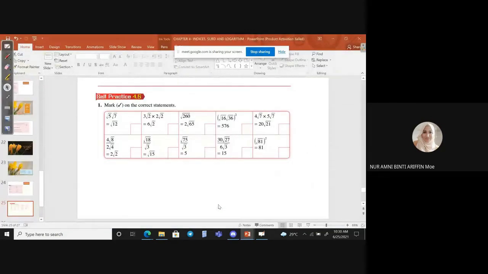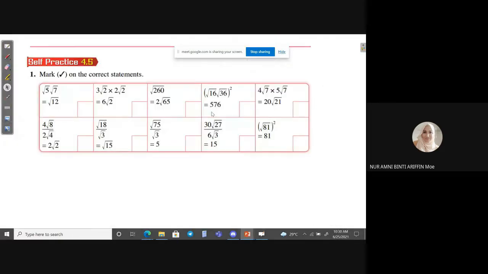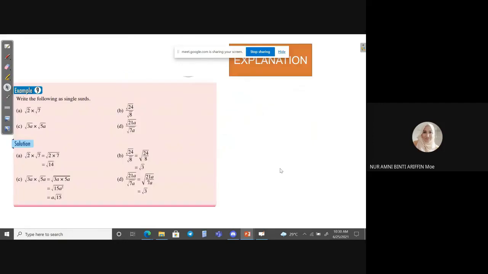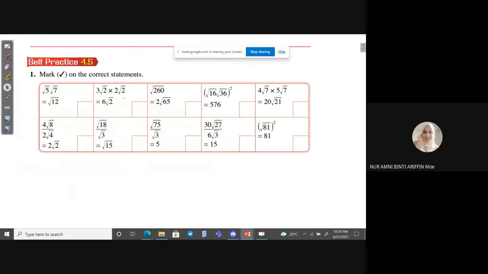Okay, so this answer is correct because you have to calculate. Like earlier, this one, right? Let me give an example here, 260. You have to expand.